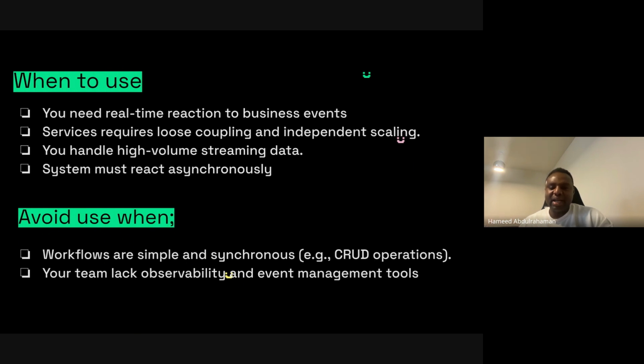Then you start seeing increasing cost. A way to mitigate this is to decouple these systems. So when you need to decouple your system, it's very important to think towards event-driven microservices.